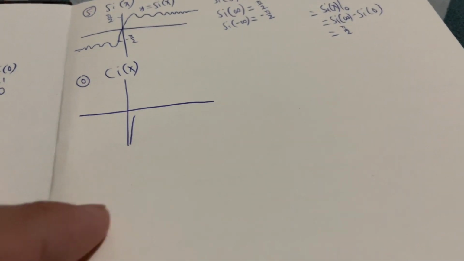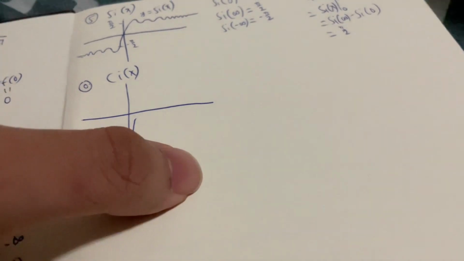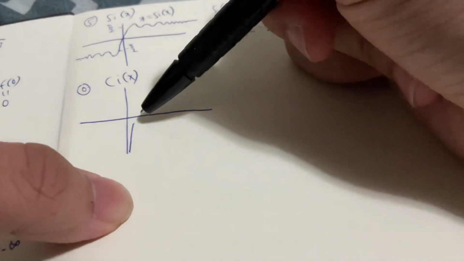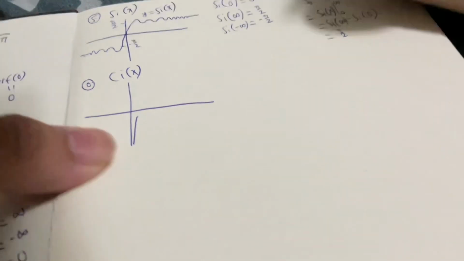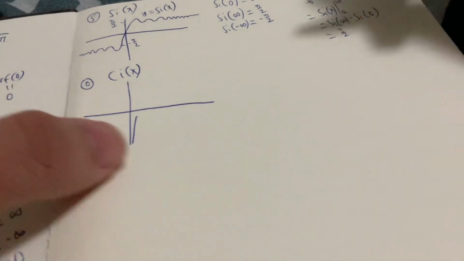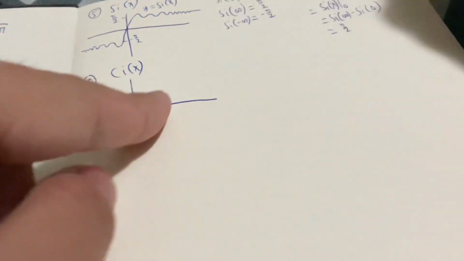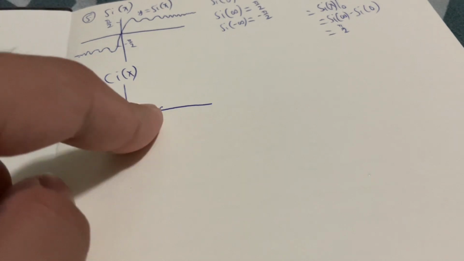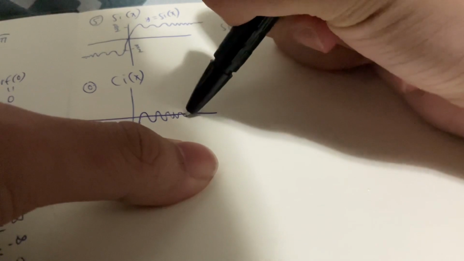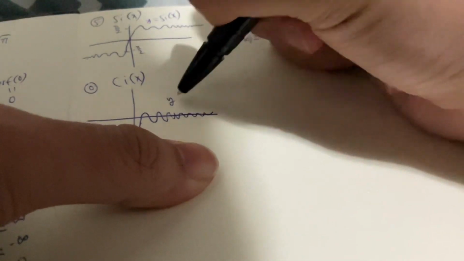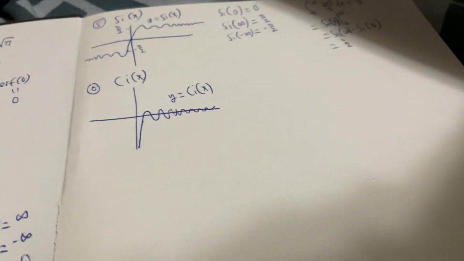When x approaches 0 plus, because x cannot be a negative number, as the graph tells you, it's approaching negative infinity like that. So it's like a wave like SI of x, but it's kind of different. It keeps spinning around the x-axis like that, and then goes. This is the graph of y is equal to CI of x like that.